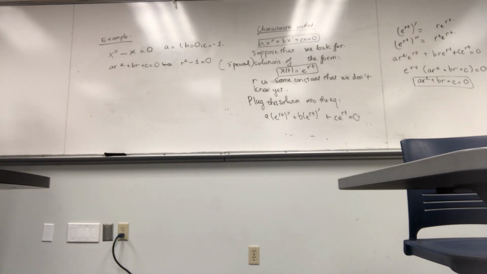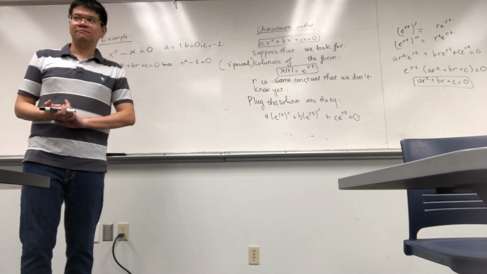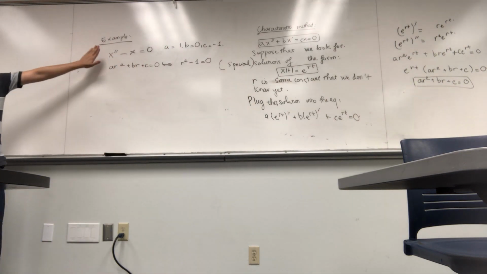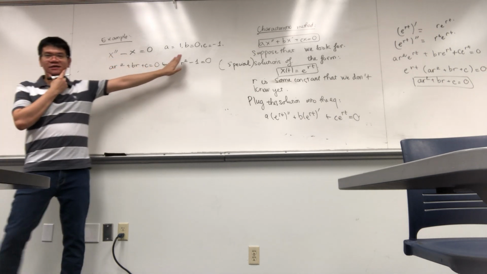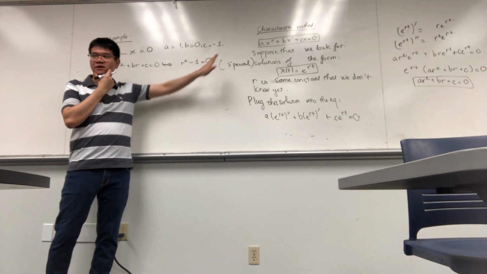So what are the solutions that we need? Let me ask again. Suppose that I consider a very special form of the equation x'' minus x is 0. In this case, a is 1, b is 0, c is minus 1.